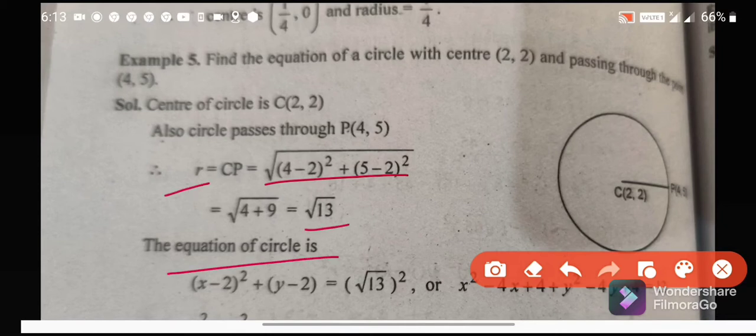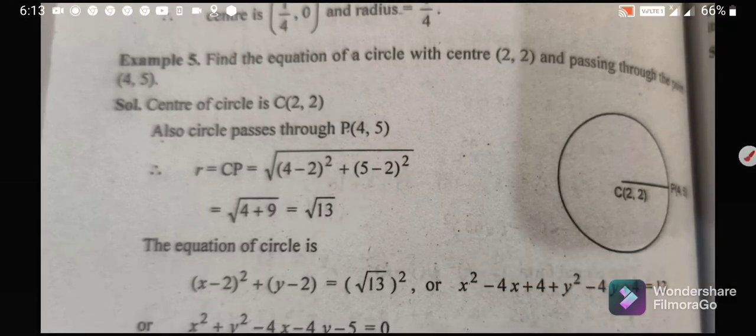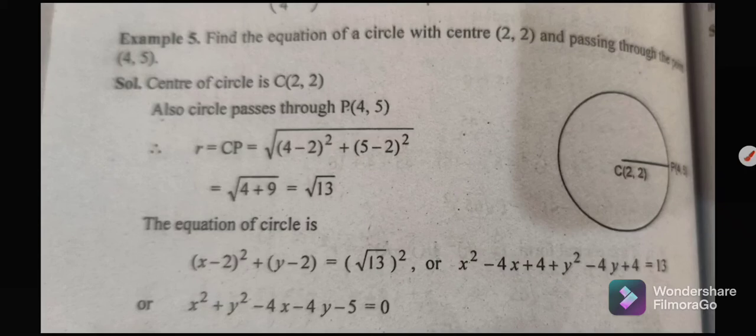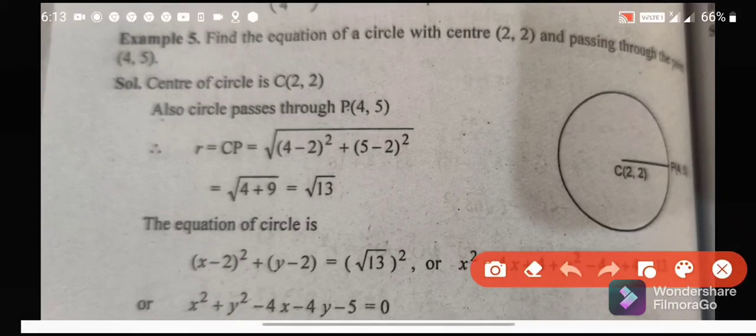Now the equation of the circle is (x minus 2) square plus (y minus 2) square, because the center is (2, 2), is equal to radius square, that is, under root 13 square. Now by solving this, we get the required equation of the circle by using the formula of (a minus b) whole square.